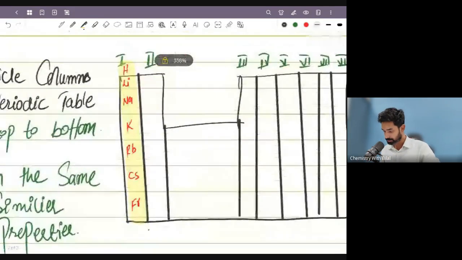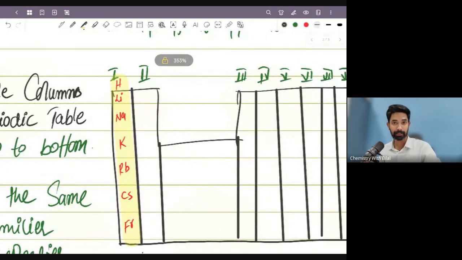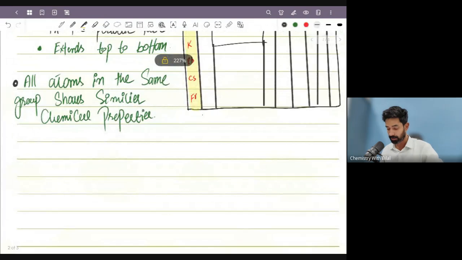Why? Because all the atoms in group 1 have one valence electron. Chemical properties depend on the number of outer shell electrons, which are called valence electrons. So we can say all atoms in the same group show similar chemical properties due to the fact that they have the same number of valence electrons.